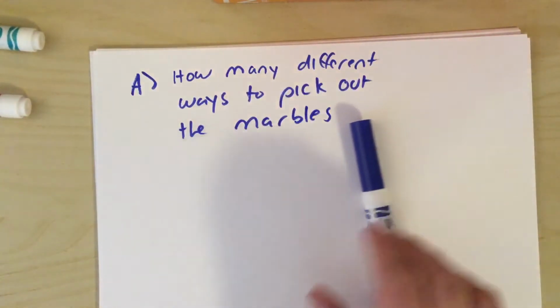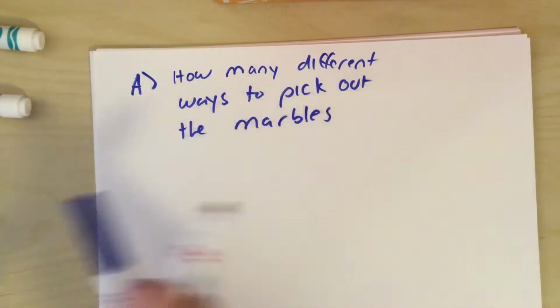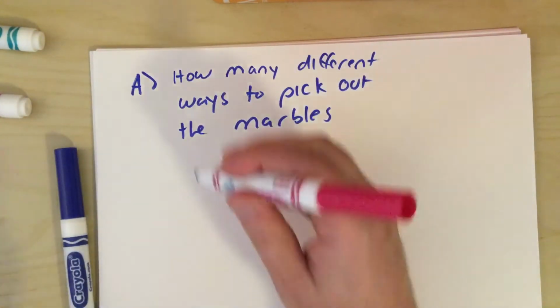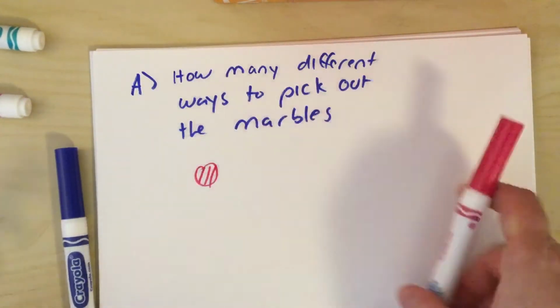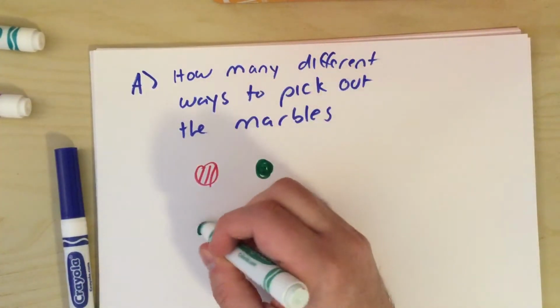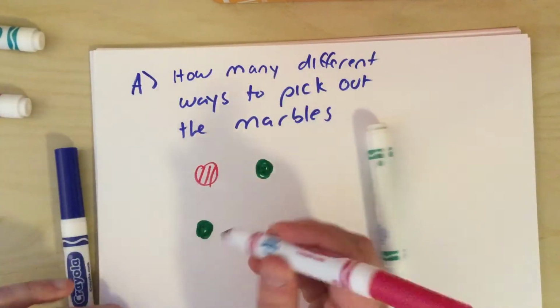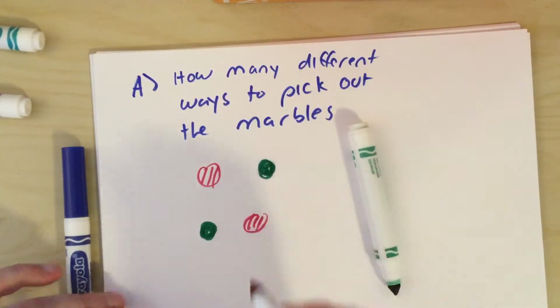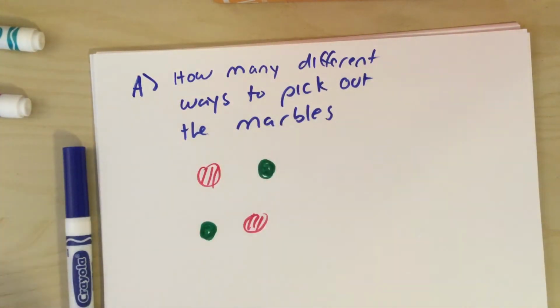And for the purposes of this question, we're going to assume that order matters. So if you have this followed by this, that's going to be different than this followed by this. So these would not be the same. So order is going to matter. So how many ways to pick out all the marbles? So I would pause the video, try to figure it out yourself.